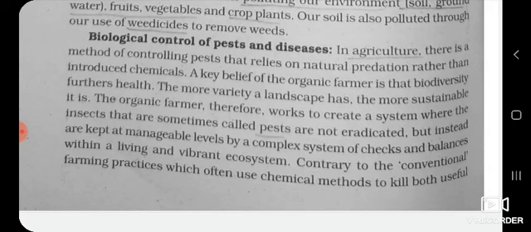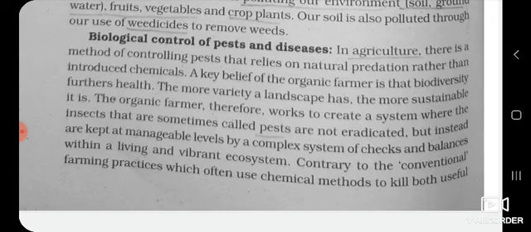A key belief of the organic farmer is that biodiversity furthers health. Organic farmers means the use of the biological methods. There we can keep our health good because the more variety a landscape has, the more sustainable it is.